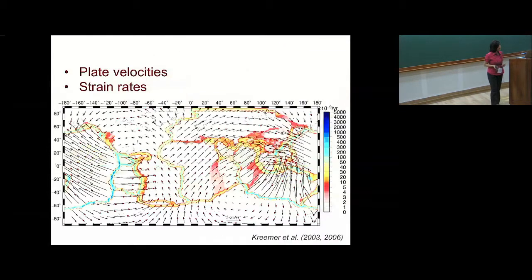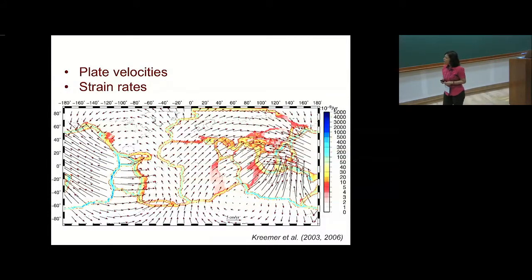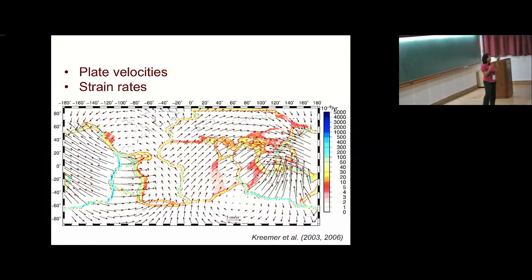Here again, I put up this slide of the plate velocities and the strain rates. There are different kinds of plate boundaries that I talked about. All this came together to give rise to the concept known as plate tectonics, which you have probably heard about, okay? Plate tectonics tells you that the Earth's uppermost layer is broken into different blocks or plates, which move in different directions with respect to each other.